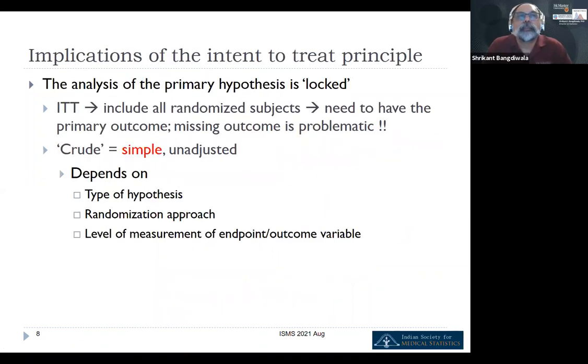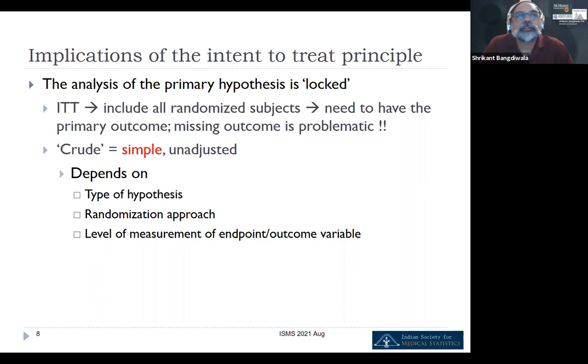So the implications of the intent to treat principle on the analysis is also important. If you're including all randomized subjects, as I said, you need to have the primary outcome, so the missing outcome is problematic.